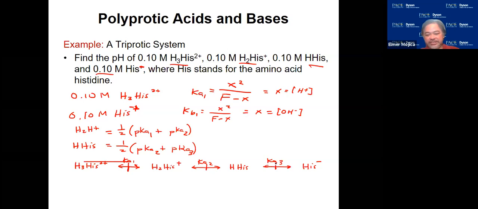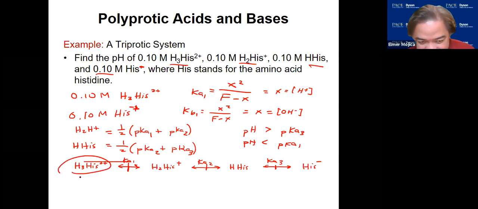So if the pH is higher than pKa3, the main composition of that is histidine minus. If the pH is less than pKa1, then most of them are this form.